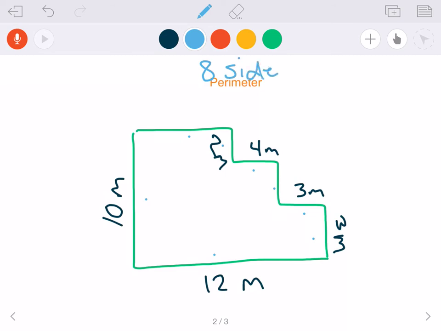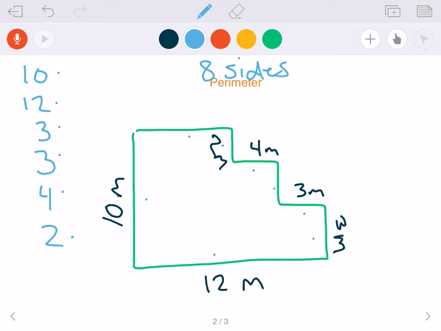That means I should be adding 8 numbers together. I see 10, a 12, a 3, a 3, a 4, and a 2. When I count up those sides, I've got 1, 2, 3, 4, 5, 6. I only have 6 numbers to add together and I need 8.